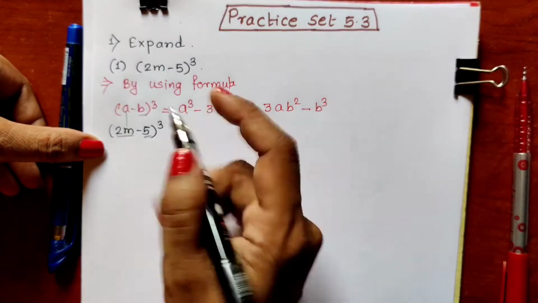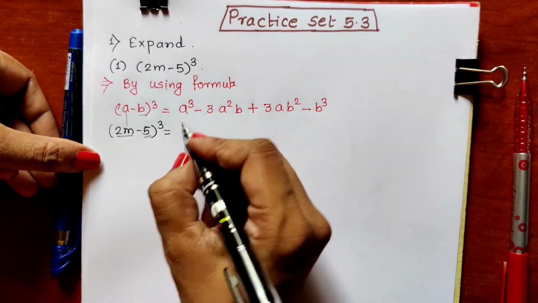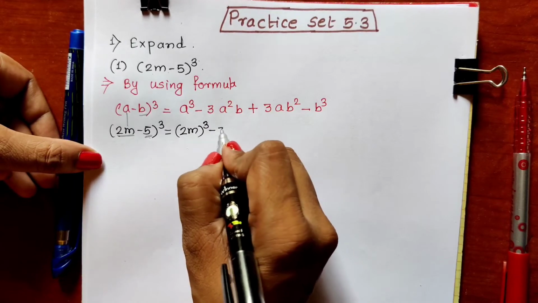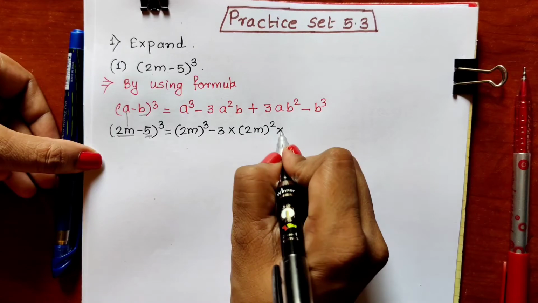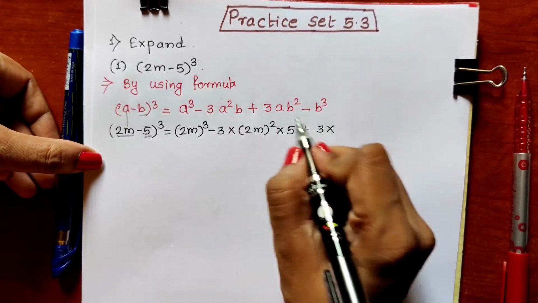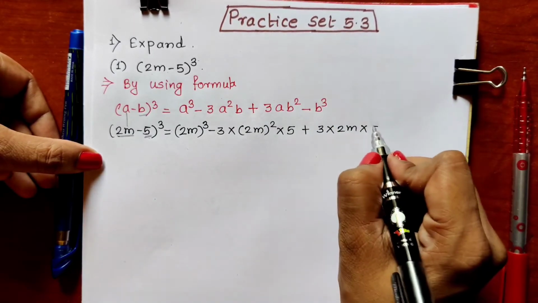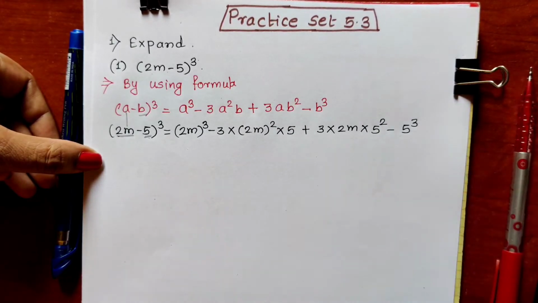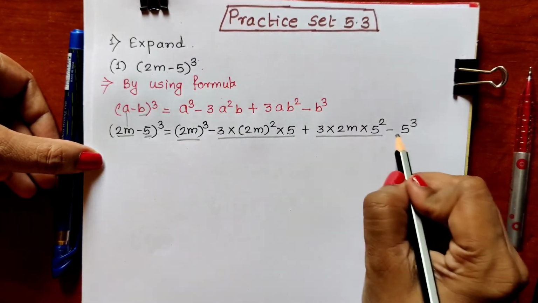Variable and coefficient both are there, so we will be writing under brackets (2m)³ − 3 multiplied by (2m)² multiplied by 5, plus 3 multiplied by 2m multiplied by 5², minus 5³. So in this way again we have got 4 terms: first, second, third and fourth.